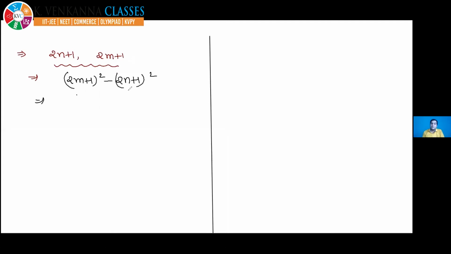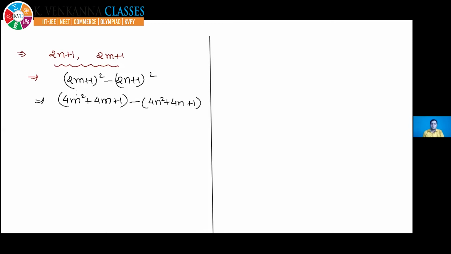See, if you open these two, then what you will get is 4m square plus 4m plus 1, minus 4n square plus 4n plus 1.